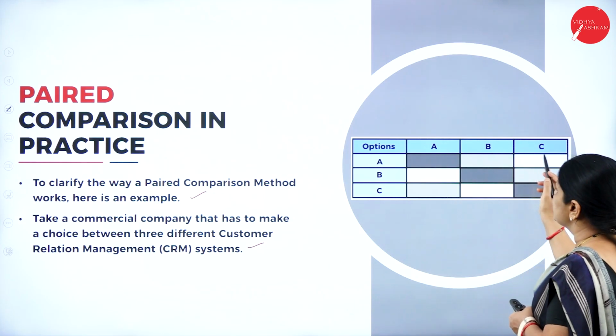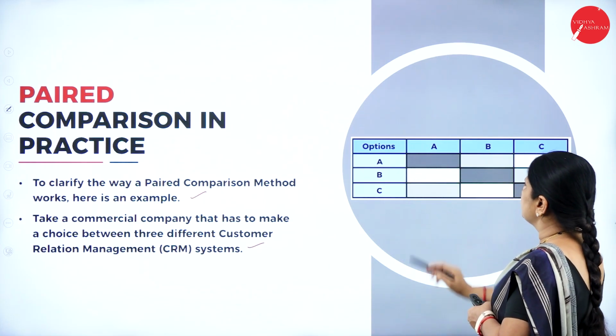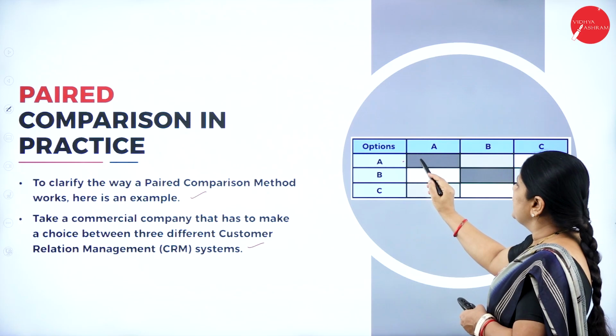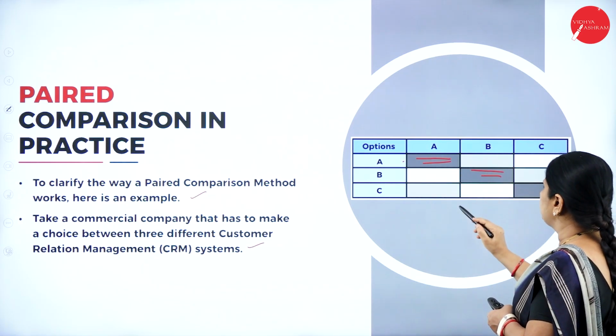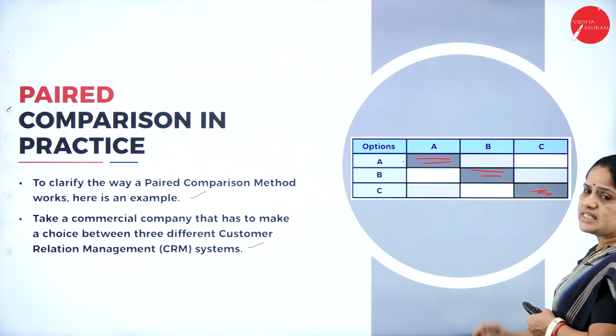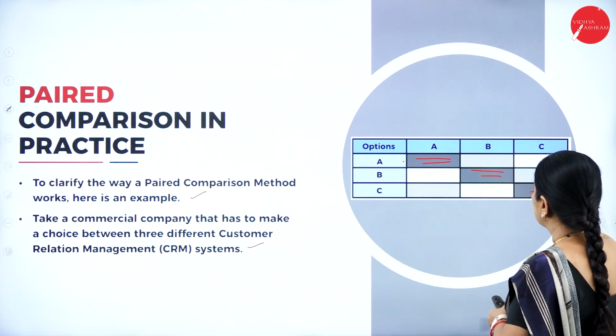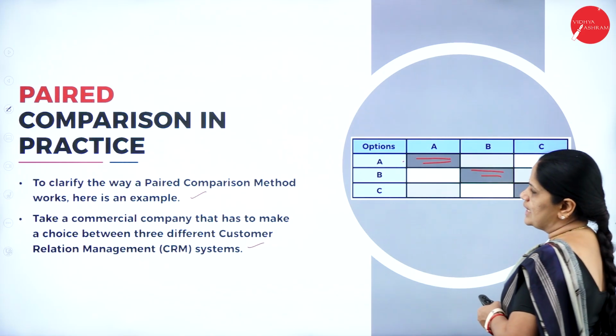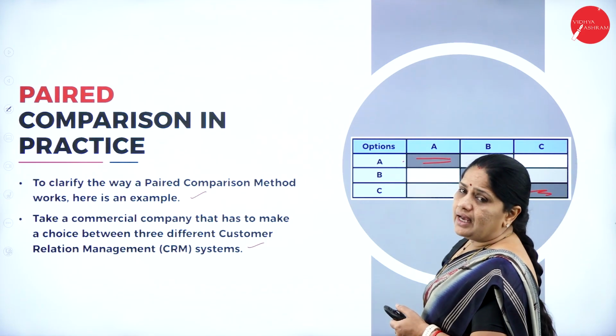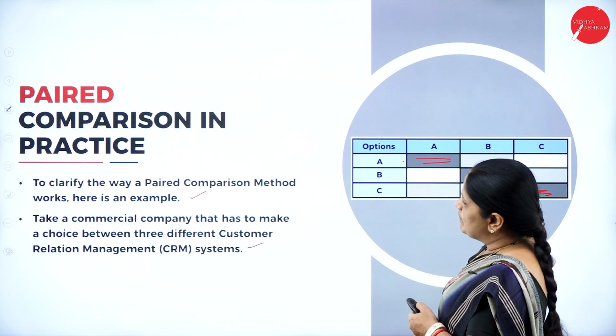The comparison of A and A gets blocked, the comparison of B and B gets blocked, and the comparison of C and C gets blocked. When these are blocked, the other options remain open for us. This helps in applying the paired comparison method.